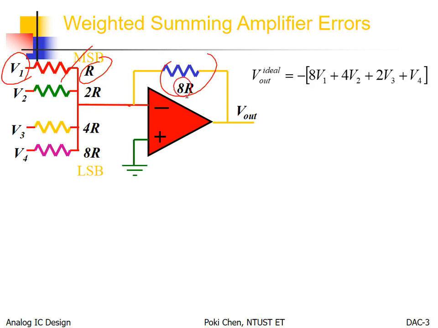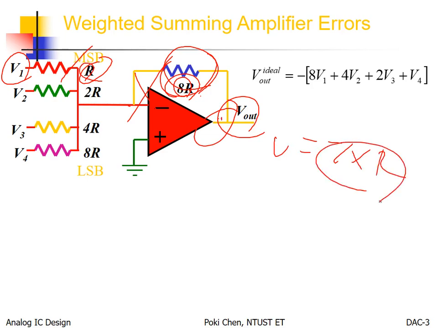The voltage V1 over R will be amplified by 8R to 1R. The current through resistance becomes voltage, V equals I times R. So you have R divided by 2R, then multiplied by 8R, so you get 4. A 4 to 1 ratio. Congratulations, that is a DAC.